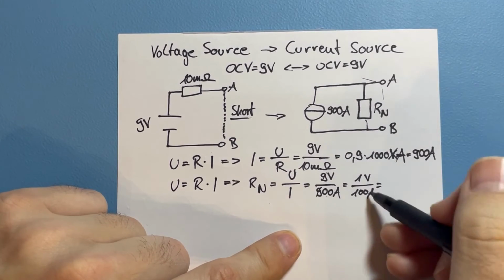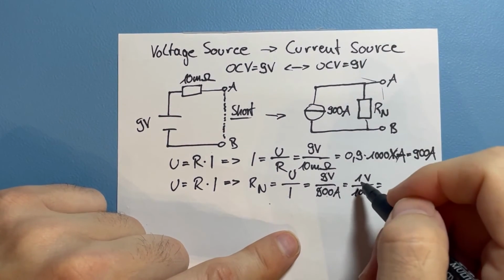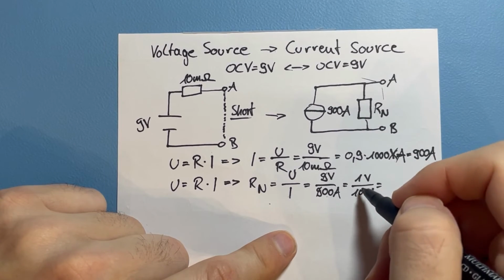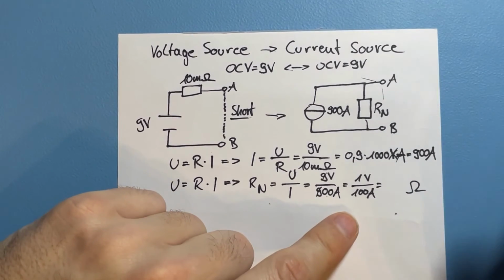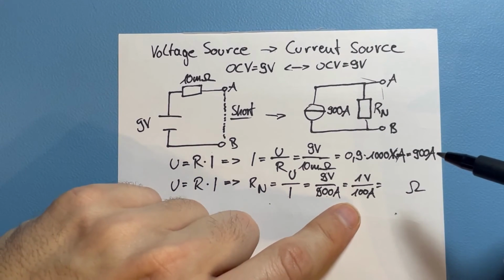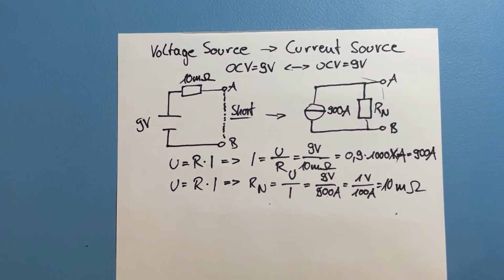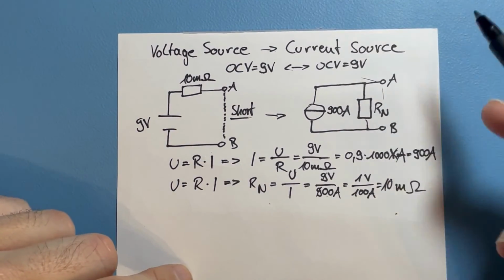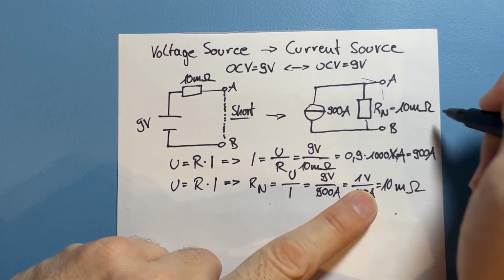In general, volt over ampere, that's already ohms, that's good. And 1 over 100 is 0.01, and that is 10 milliohm. Okay, so this Rn is 10 milliohm.